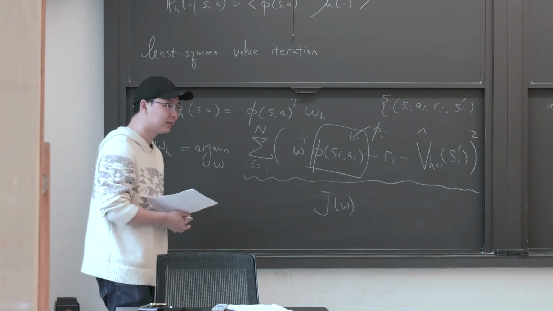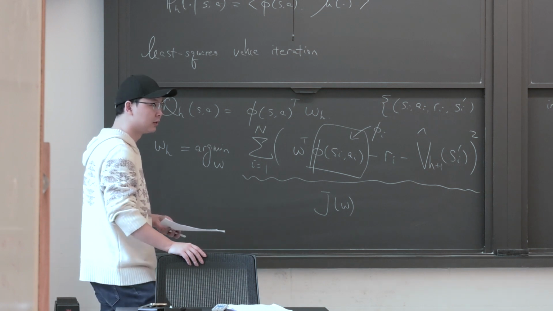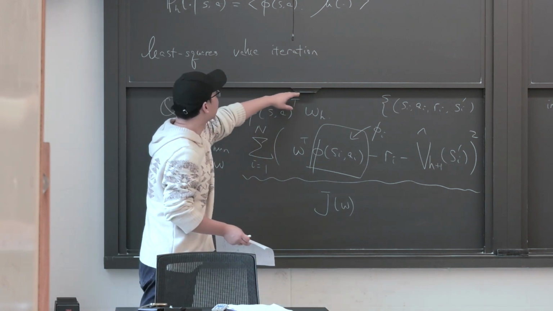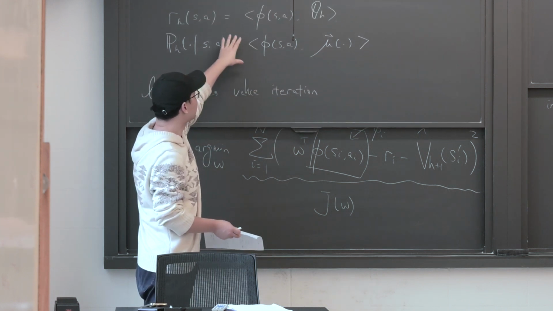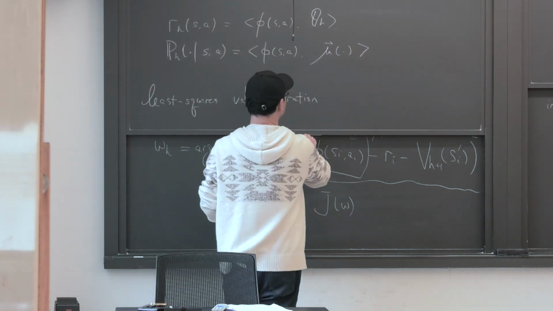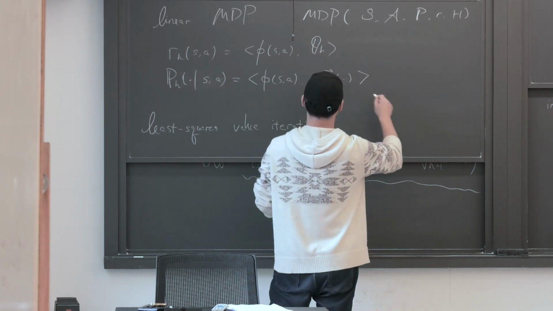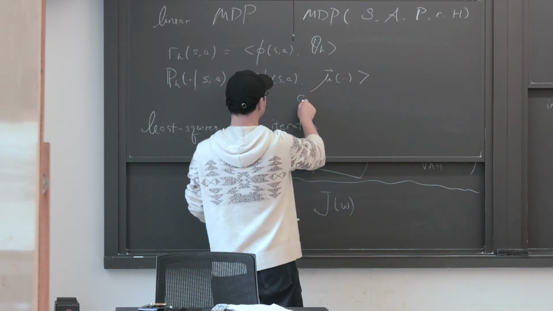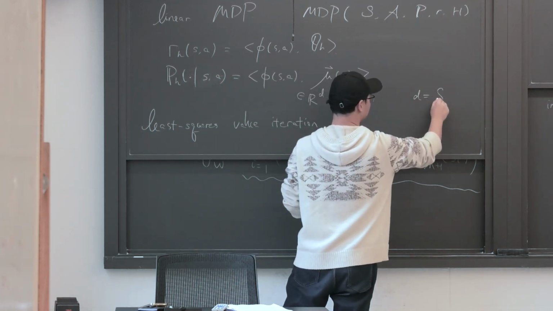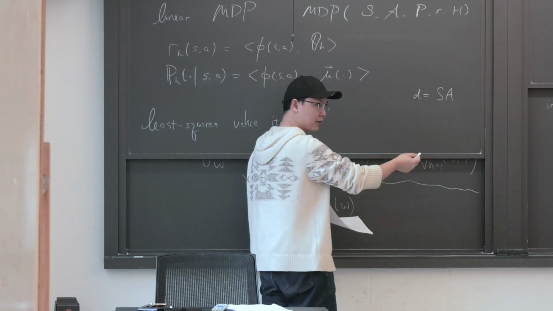Yes? Is tabular MDP in general like a subset of linear? Tabular is a special case of linear MDP by choosing a special feature map. Yeah, we talked about that if we make this a d-dimensional thing, we can make D equal to SA, number of states times number of actions.